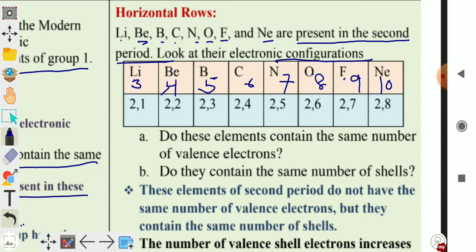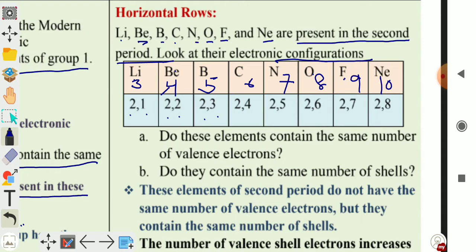If we write the electronic configurations, lithium is 2, 1, beryllium 2, 2, boron 2, 3, carbon 2, 4, nitrogen 2, 5, oxygen 2, 6, fluorine 2, 7, and neon 2, 8. Do these elements contain the same number of valence electrons? No. Do they contain the same number of shells? Yes.